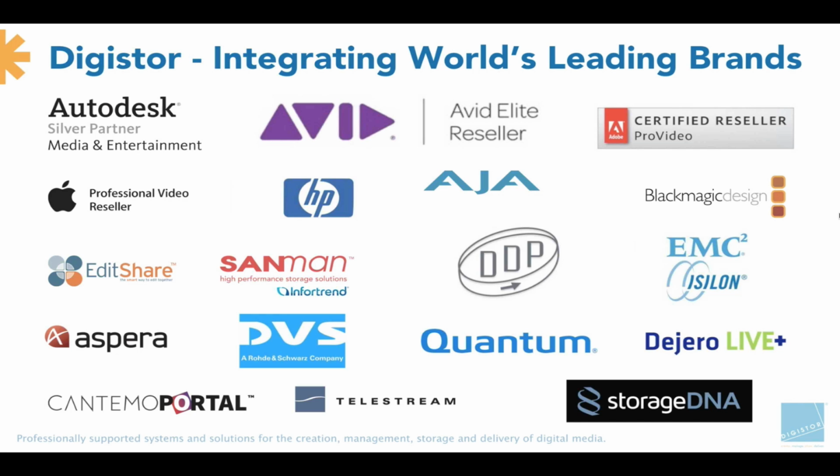And if we test it and we like it and we see value for it in the marketplace, we'll then take it on. We don't go and slap a whole bunch of brands on our slides just to say we can have access to them. We really want to say we pick that product for you because it is the right use case and it is appropriate for your facility.